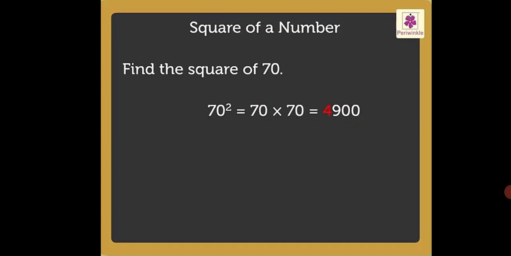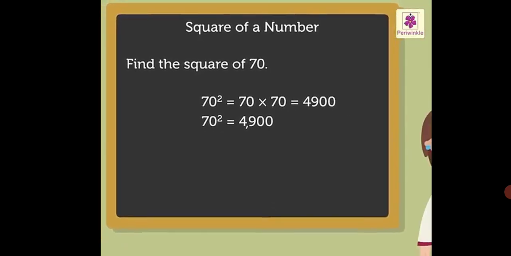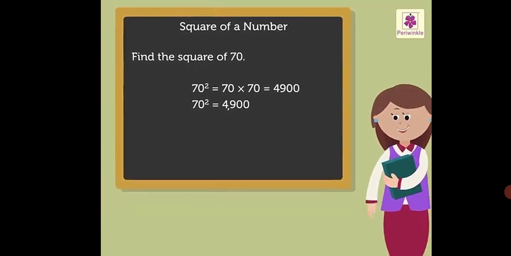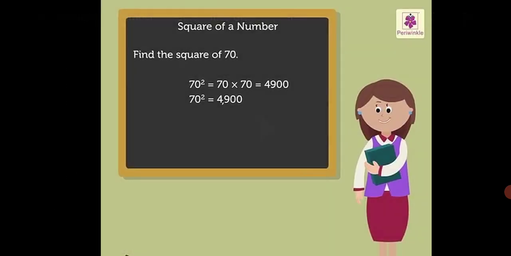Therefore, 70 square equals 4900. Okay, next. So these are the squares of numbers. Same like this, you have to write the square numbers from 1 to 20.